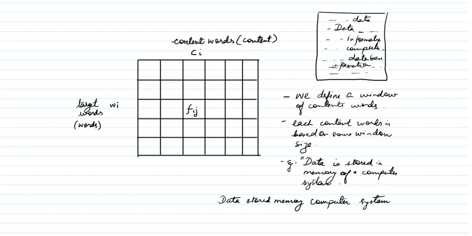And suppose I say that this memory is the target word. In respect of memory, with window size plus minus 2, we have these context words.